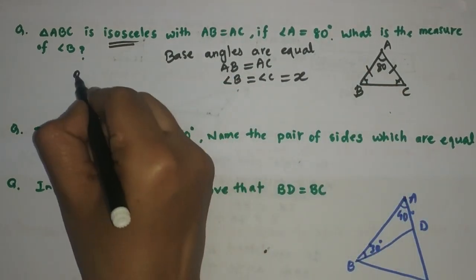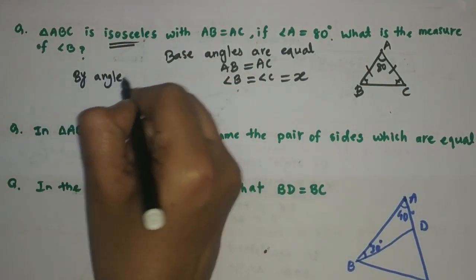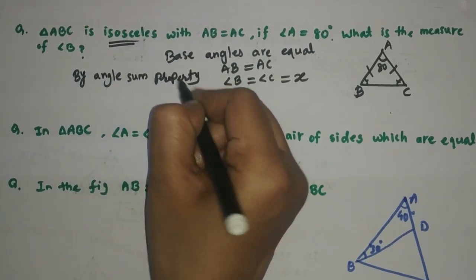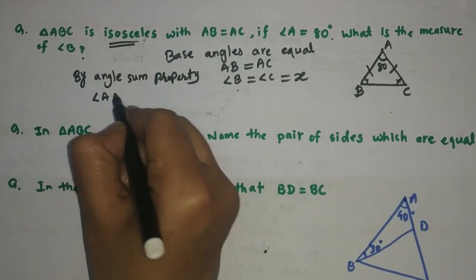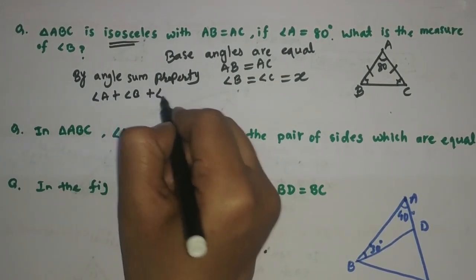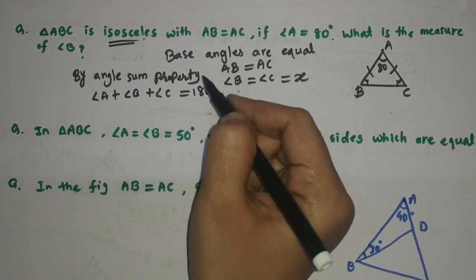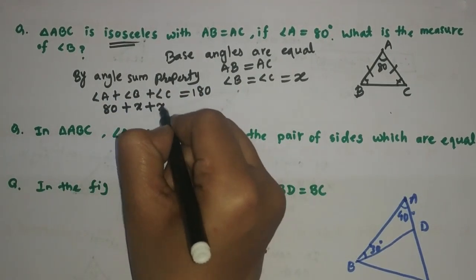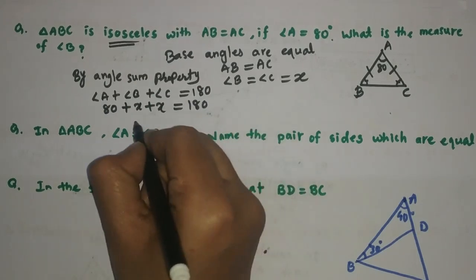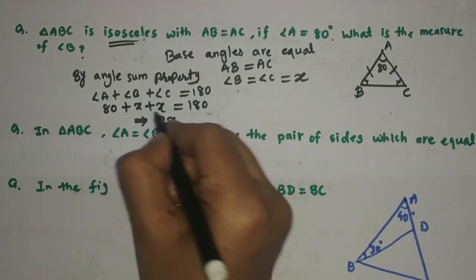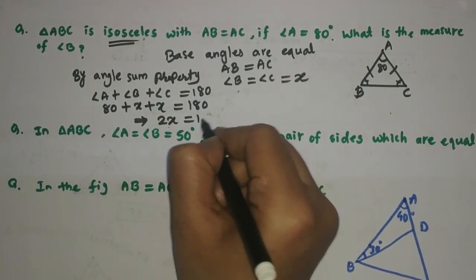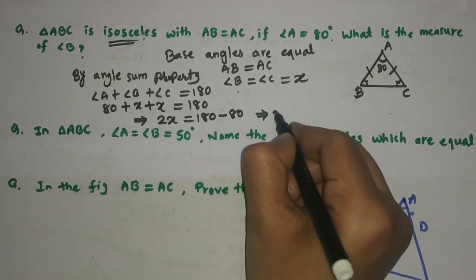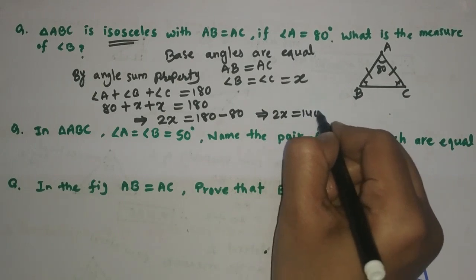So now by angle sum property of a triangle, angle A plus angle B plus angle C is going to be 180 degrees. So angle A is 80 degrees and this is x plus x. So 2x is equal to 180 minus 80. So then 2x is equal to 100.